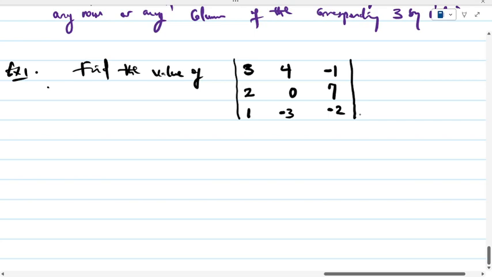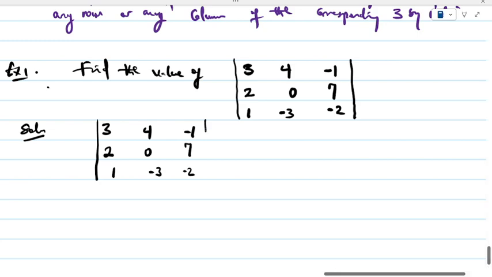To find the value of this determinant, you can choose to go by row, by column, by first row, by first column, any one, and your answer will be the same. So let's see how it works.